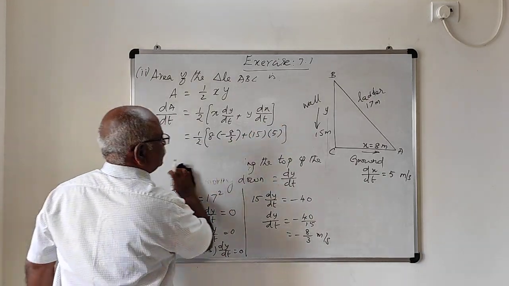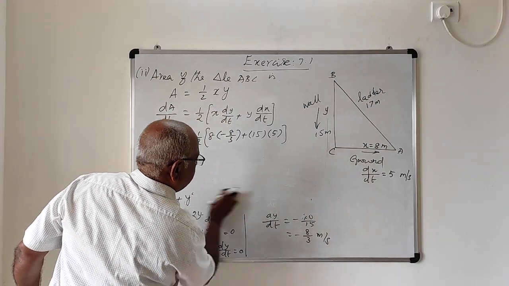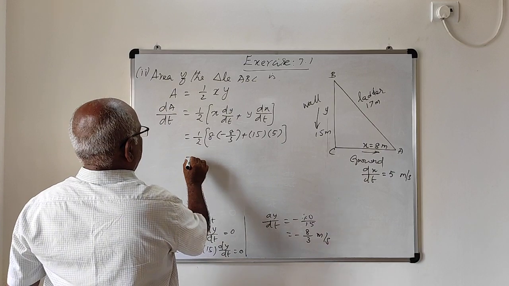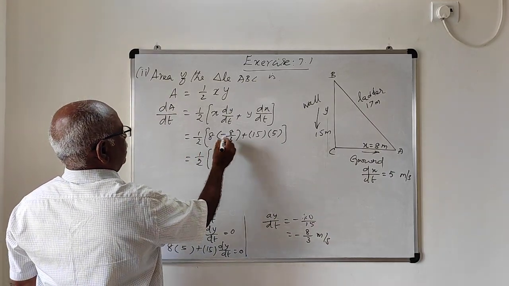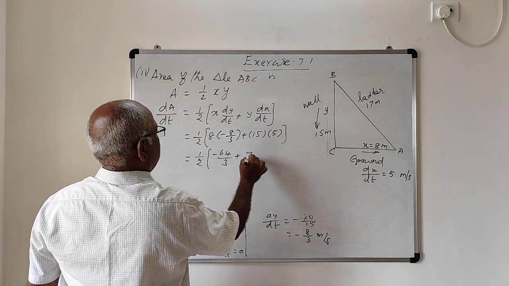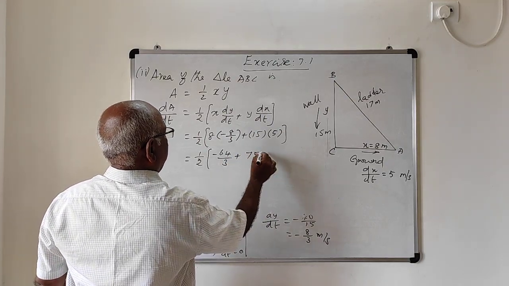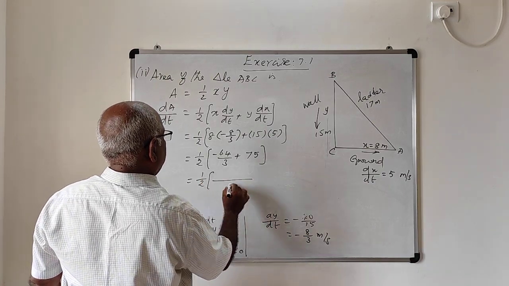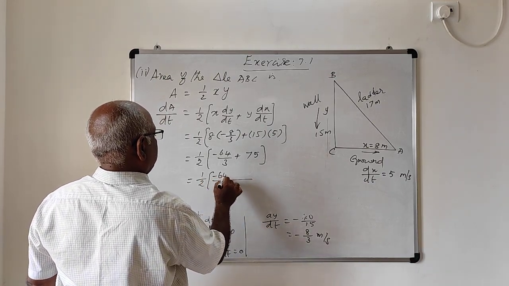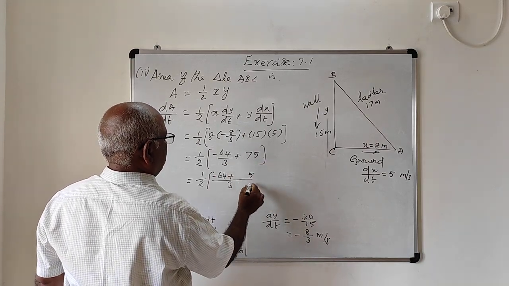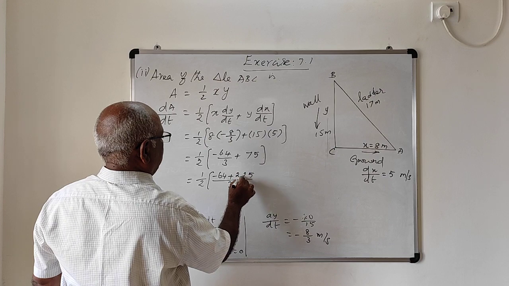Simplifying, we will get dA by dt equal to half of minus 64 by 3 plus 75. 5 15s are 75. Taking LCM as 3, minus 64 plus 3 into 75, 225.